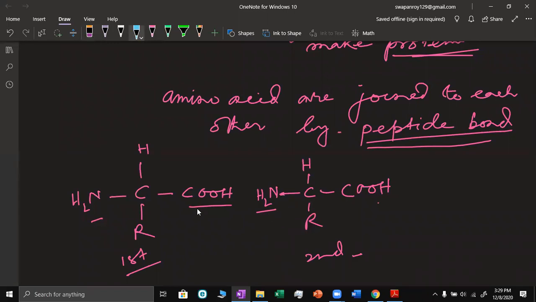Amino group and carboxylic group. During the formation of the bond, one molecule of water comes out: one hydrogen and one oxygen from here, and one hydrogen, and then a bond will be formed.